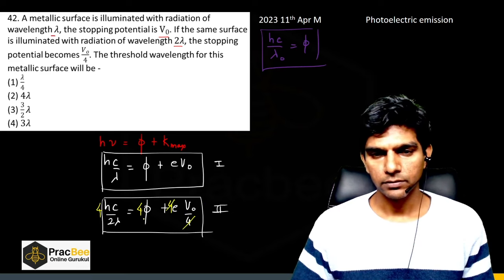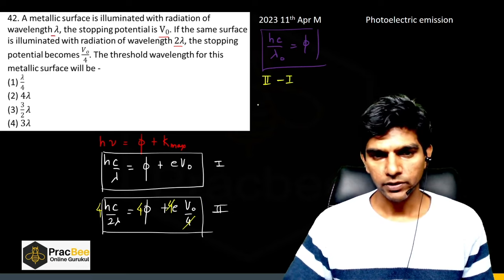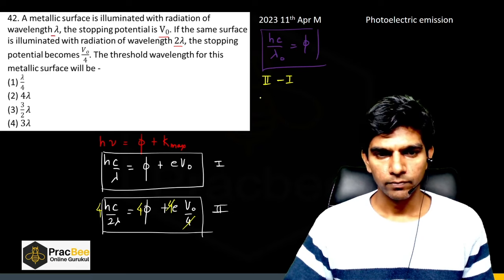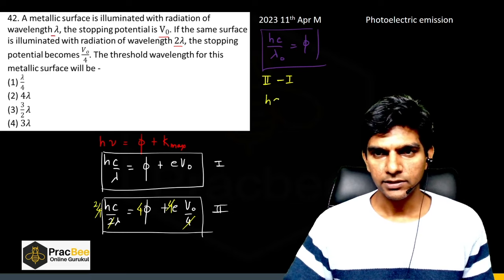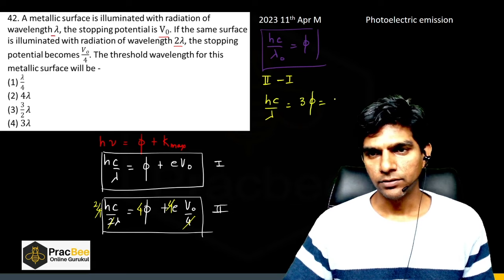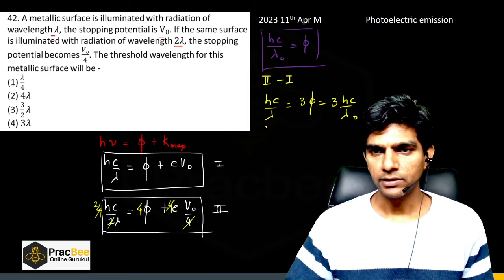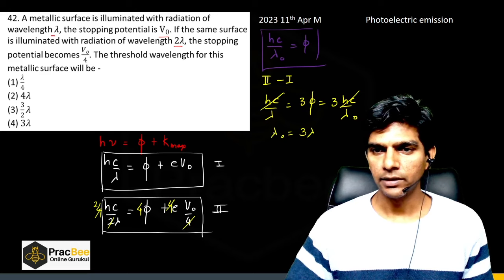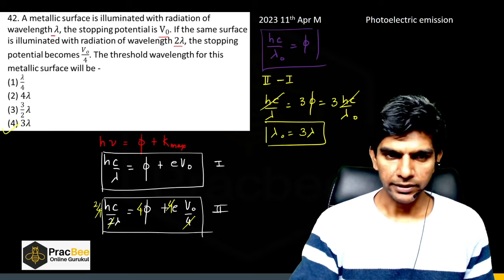If we subtract the first from the second, we get hc by lambda equals 3 phi. And phi can be written as hc by lambda naught. The hc cancels out, and lambda naught is 3 times lambda. So option 4 is the right answer.